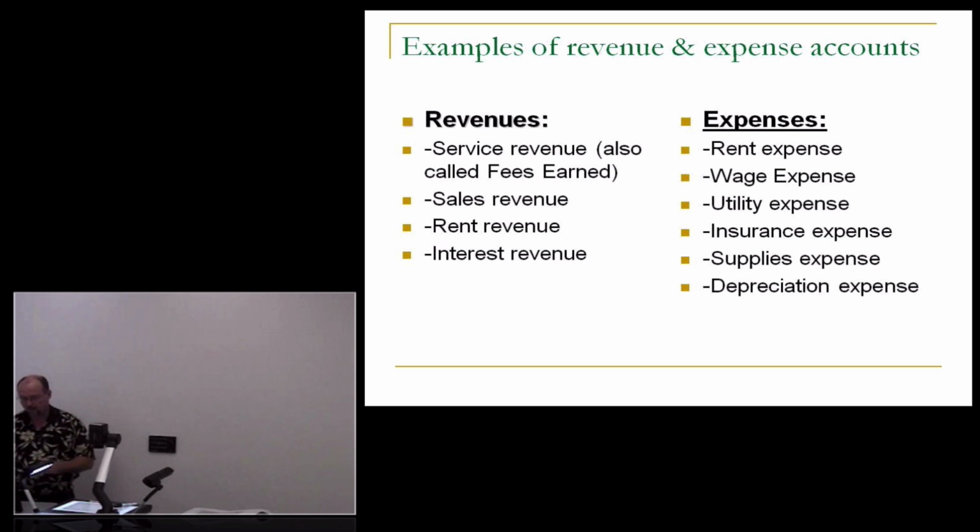Okay, so again, you need to get comfortable with all these different accounts and which category they fall under. Okay, if it's an asset, if it's a liability, stockholders' equity, and then within stockholders' equity, we know that retained earnings is this unusual account because it has all sorts of stuff that ultimately go into it. Revenues, and here's a long list of revenues.